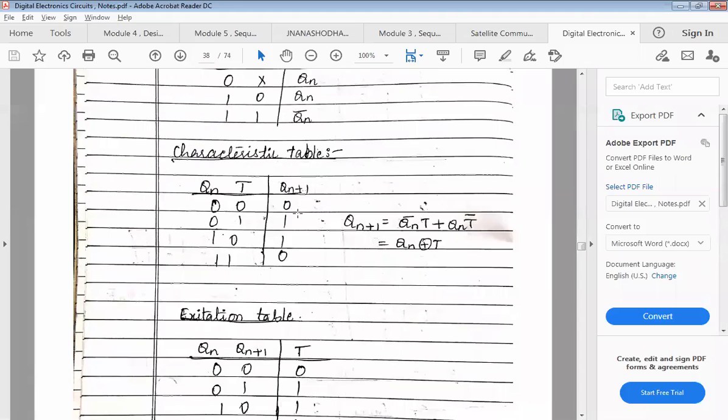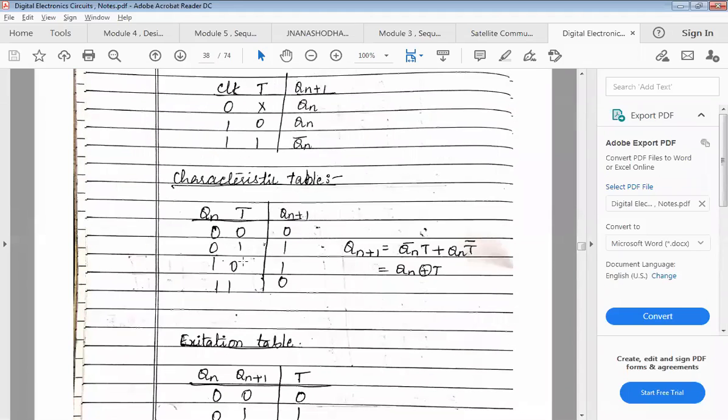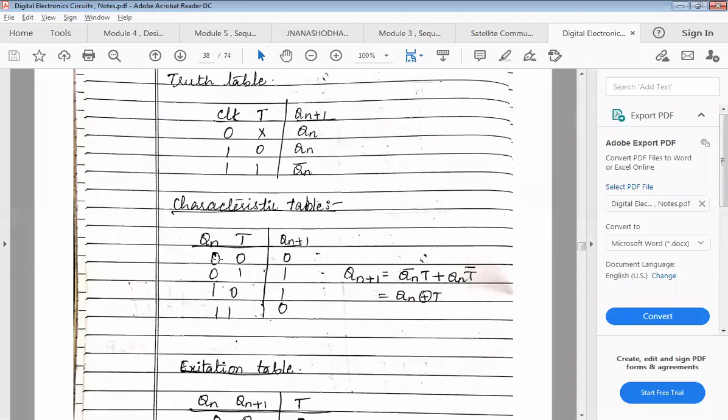Now let's move ahead with the characteristic table. I extended 0 0, 0 1, 1 0, 1 1. Here I have to look for T's column. Only concentrate on T's column. So your T is equal to 0, right?